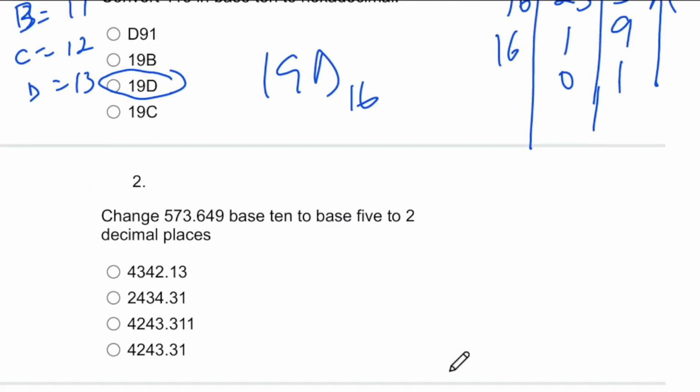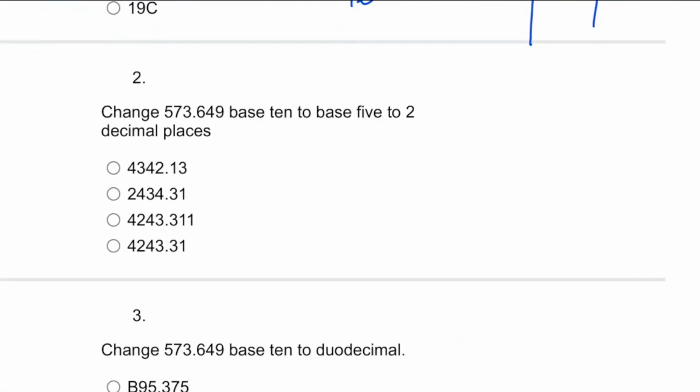Question 2. Here, we are going to solve it in two ways. We're going to solve the whole part and the decimal part separately. The question asks us to change it to base 5, to two decimal places. So the first one is the whole part there, which is 573.